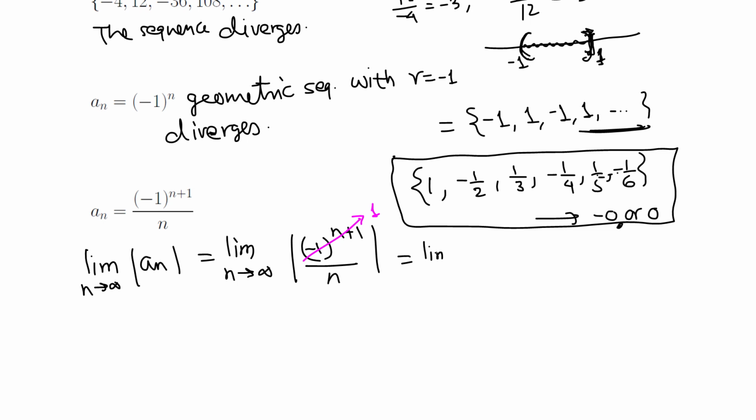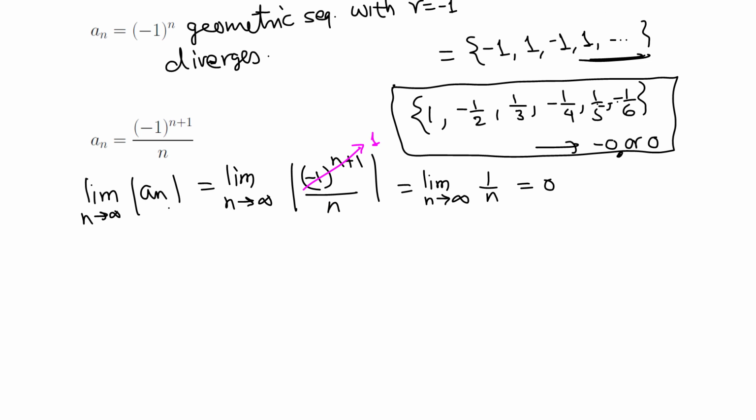So this is the same as the limit as n approaches infinity of 1 over n. I don't need the absolute value anymore because these are both positive terms. And 1 over n, when n goes to infinity, is 0. So the limit with absolute value goes to 0 means the limit without absolute value is also 0. That essentially means we found that this sequence converges to 0.